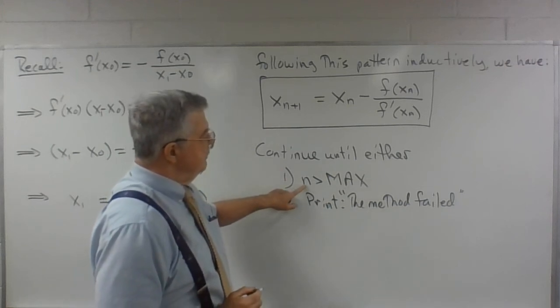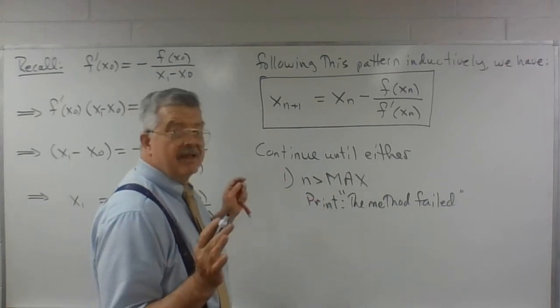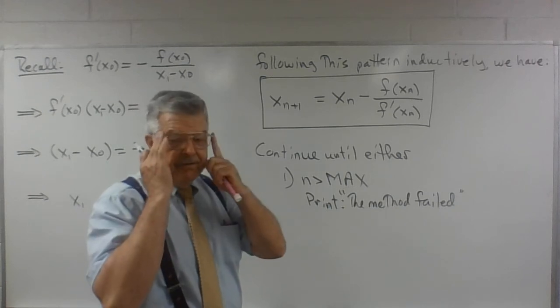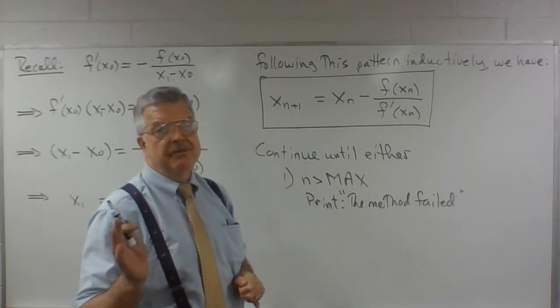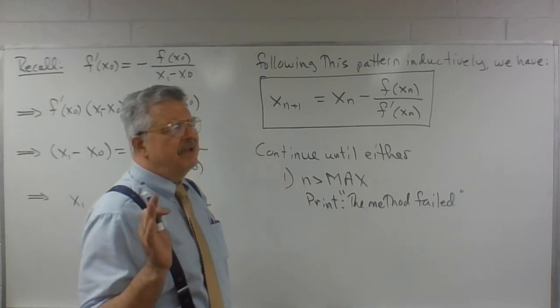If the number of iterations exceeds max, then this algorithm isn't going to converge because our first approximation was not good enough. Our initial guess wasn't good enough.